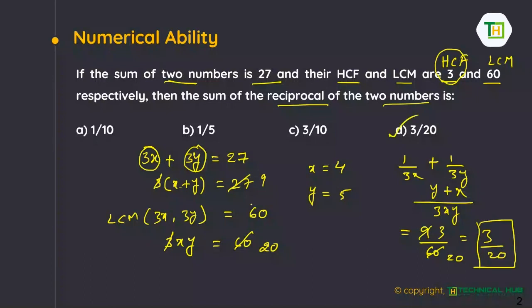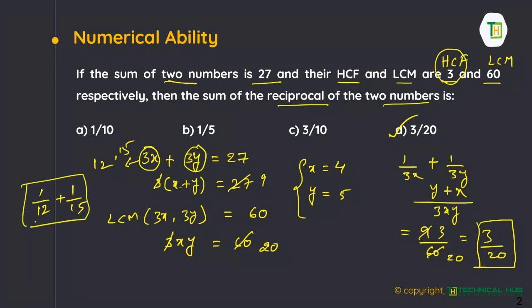Option D. You can also do it by taking the assumed values of x and y: x is equal to 4 and y is equal to 5. The first number, 3x, becomes 3 into 4, which is 12, and the second number becomes 3 into 5, which is 15. These are the two numbers. Now calculate the sum of their reciprocals, 1 by 12 plus 1 by 15.